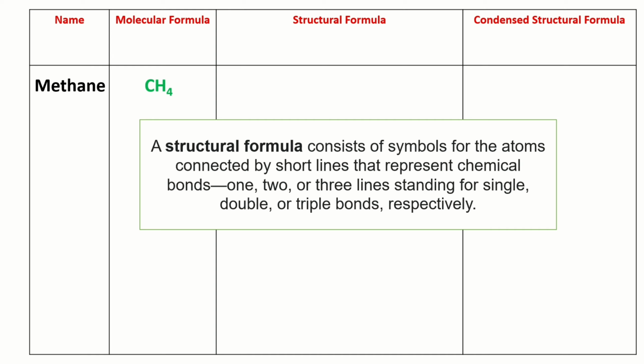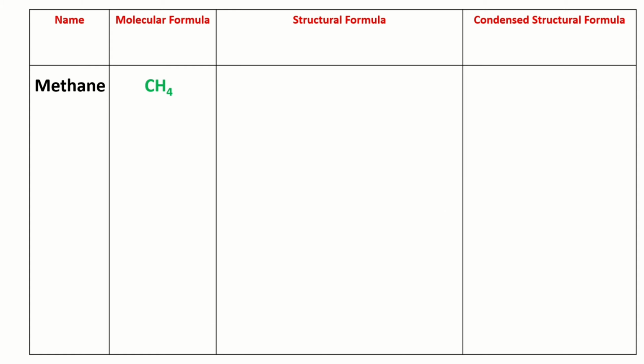Take note that the carbon atom needs to have a full octet. It means it needs 8 electrons. If you still remember, each bond is equivalent to 2 electrons.